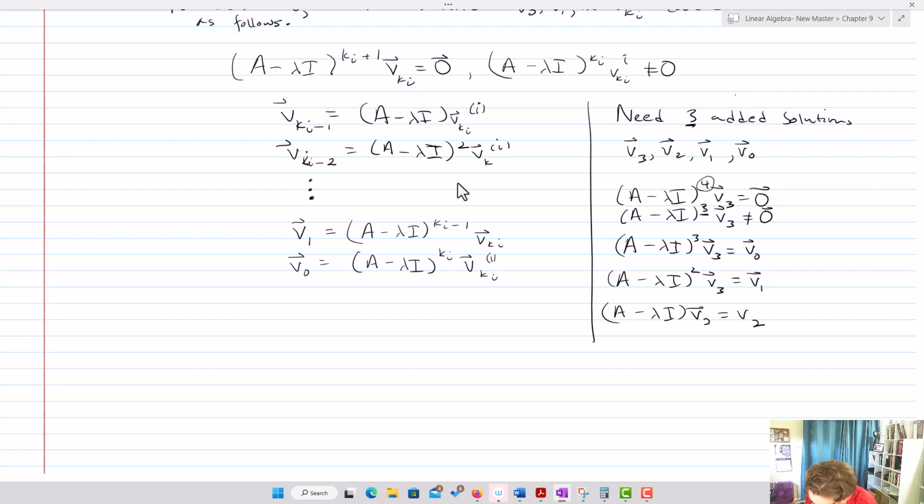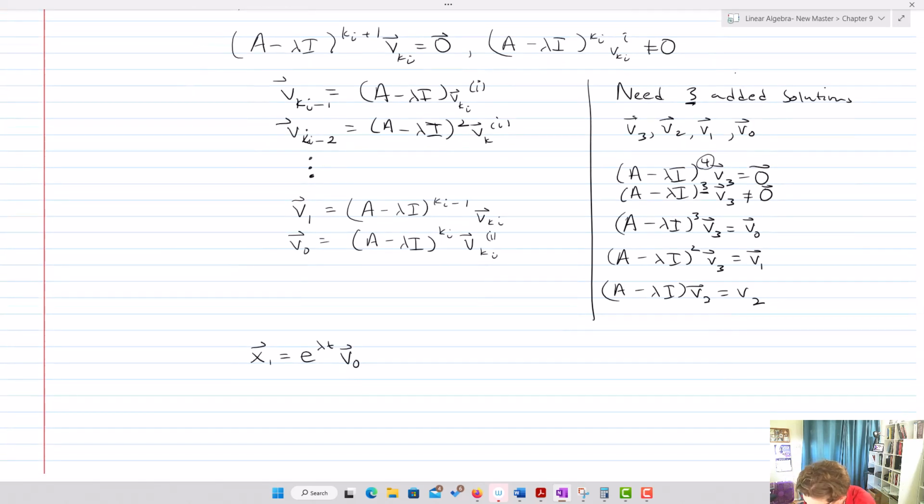Then our solutions are going to look like this. X1 is going to equal e to the lambda t times whatever the eigenvector is that I had originally called V0. X2 equals e to the lambda t times (V1 plus t V0).